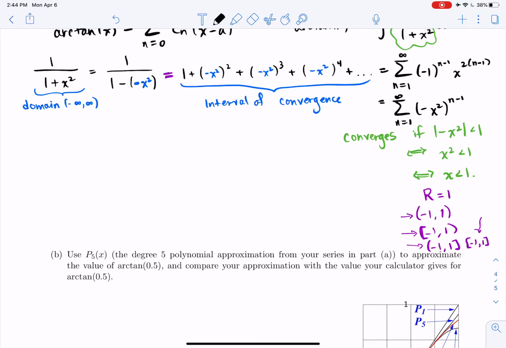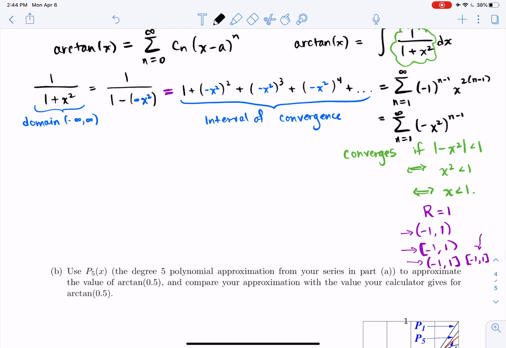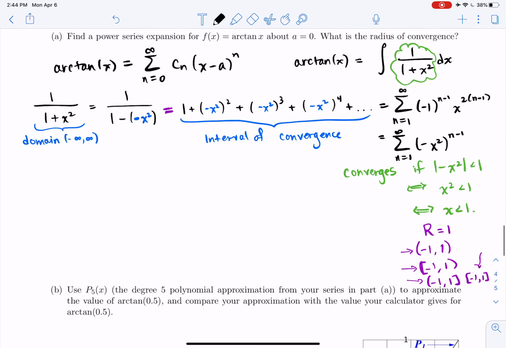All right, now that we've got a power series expansion for 1 over 1 plus x squared, our theorem says for those values, I can anti-differentiate the power series term by term.